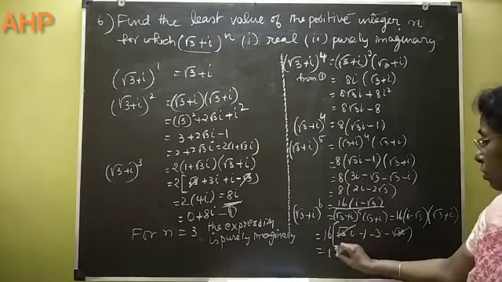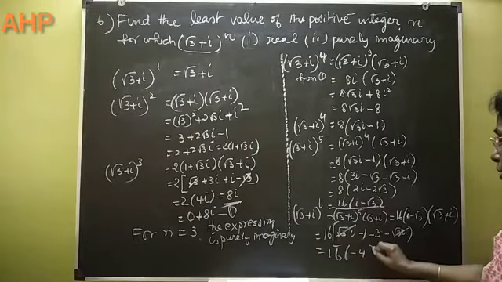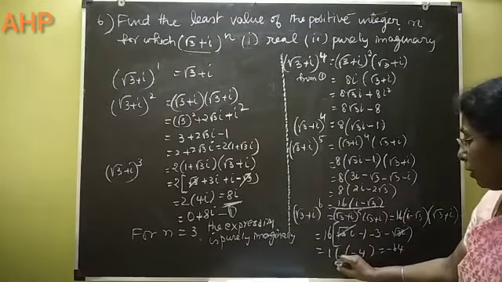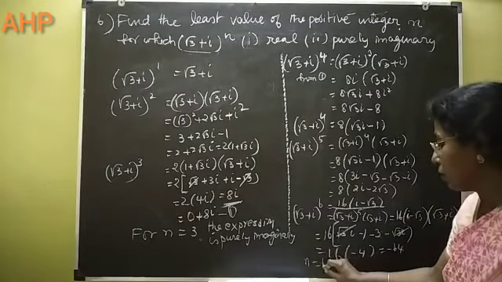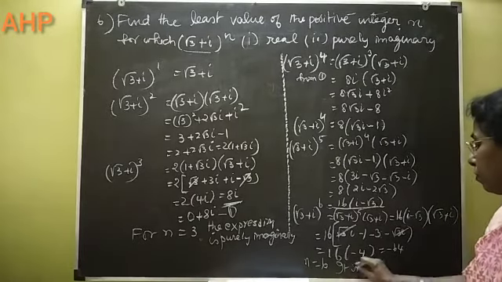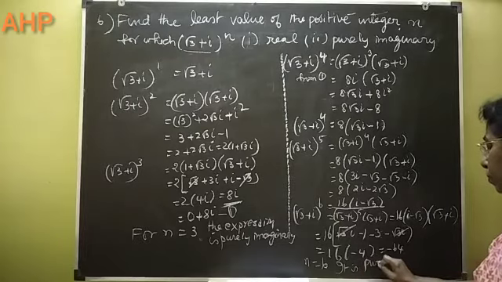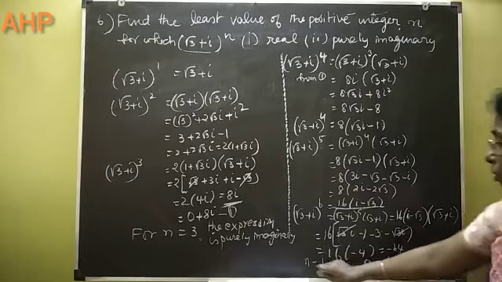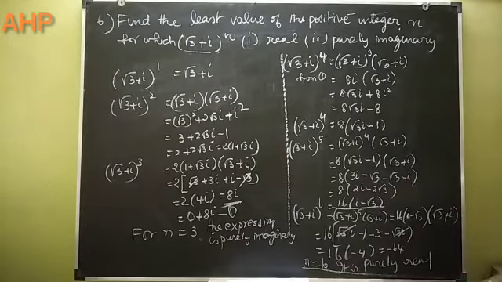This is equal to 16 into minus 4. This is equal to minus 64. So here there is no imaginary number. So this is pure. So when n is equal to 6, it is purely real. There is no imaginary number. Hence for the value n is equal to 6, the given expression (root 3 plus i) to the power n is purely real.